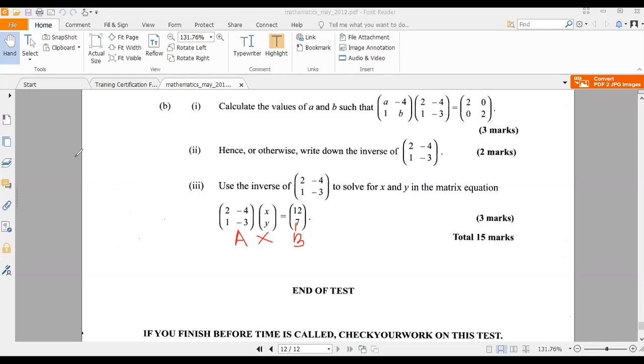The formula to solve the simultaneous equation using the matrix method is X is equal to A inverse times B. Right.